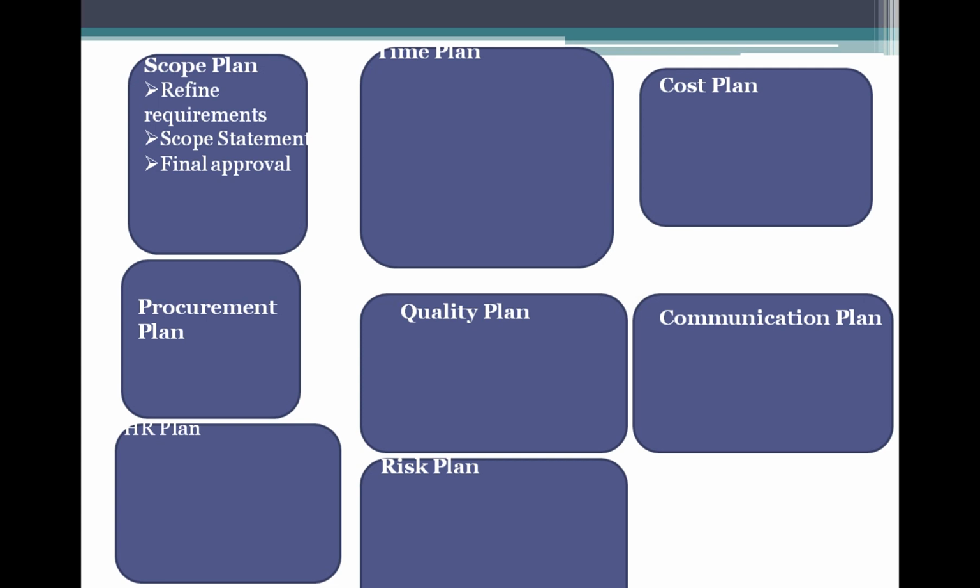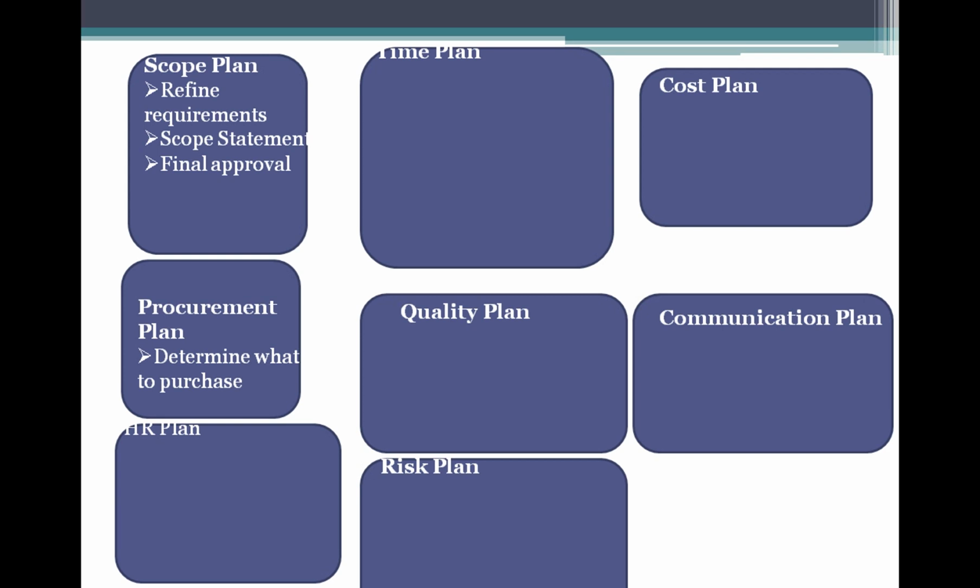Once he has the final approval, he goes to the next step. Based on the requirements stated in the scope statement, he analyzes them and determines what resources are required. The resources are goods and services from outside the organization, or human resources.